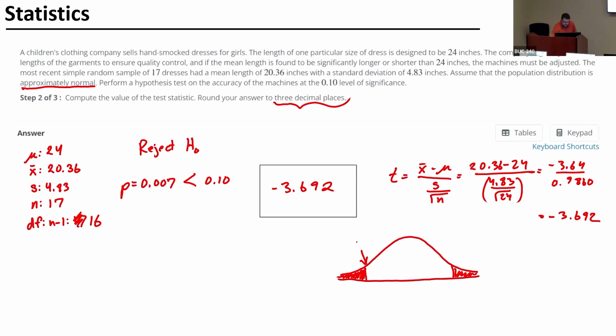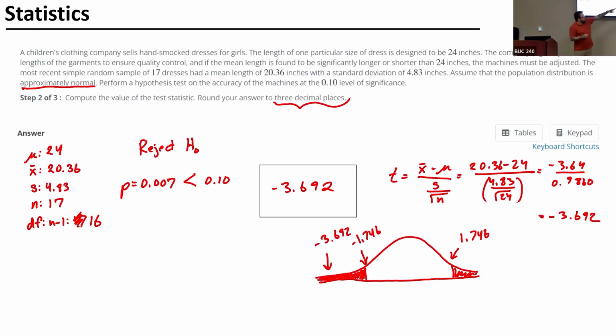So notice here, I would have negative 1.746. Here, I would have a positive 1.746. But where does my number fit in? He's way over here at negative 3.692, or negative 3.0101 or something like that if you use your calculator.